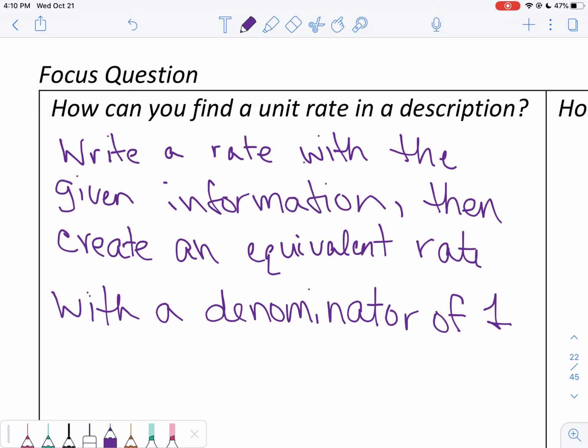Oh, that doesn't look like a very good 1 now, does it? Maybe we should just write the word one. So how can you find it in a description? Well, we first have to take our description and write a rate. Then we have to create an equivalent rate with a denominator of 1.